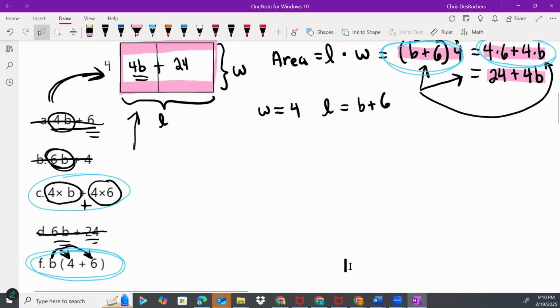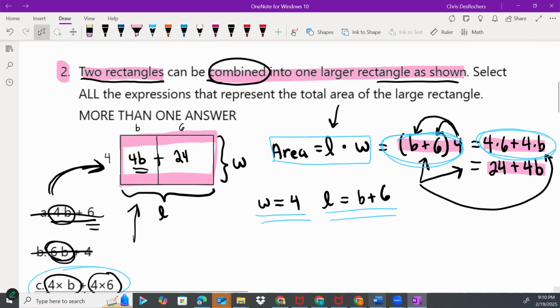So very well, we found two solutions, C and F, by observing that the rectangle can be represented by the area, length times width, with the width being 4 and the length being B plus 6. We used the distributive property right here, and we multiplied the 4 times the 6 and the 4 times B, as shown in this example right here.